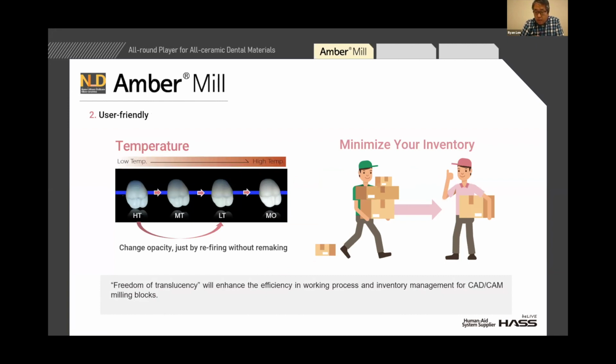The first benefit is to minimize inventory. The user doesn't need to purchase each translucency of the shade. For example, we don't have to purchase HT A1, MT A1, LT A1. We can just purchase the AmberMill A1, and get the HT, MT, LT, and also medium opaque from one package of the block.